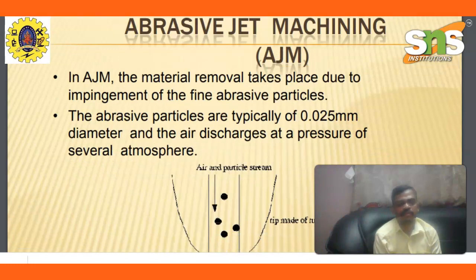In abrasive jet machining, the material removal takes place due to impingement of fine abrasive particles. The abrasive particles are typically of 0.025 mm diameter and the air discharge is at a pressure of several atmospheres.